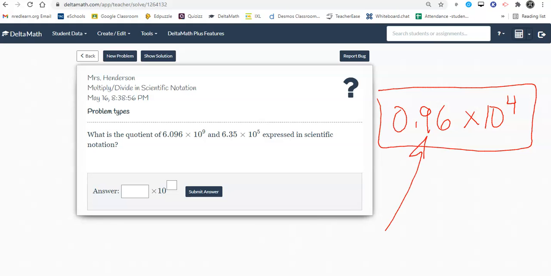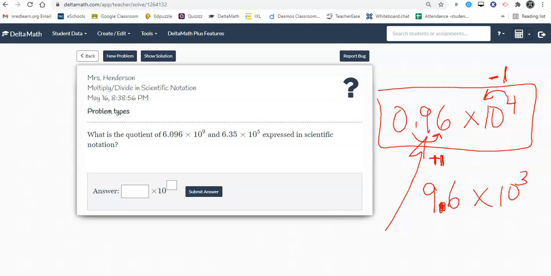You cannot have a number lower than 1. So this time, I'm going to move the decimal place 1 higher. And when I do that, I need to move my exponent 1 place lower. So my new value will be 9.6 times 10 to the 3rd.